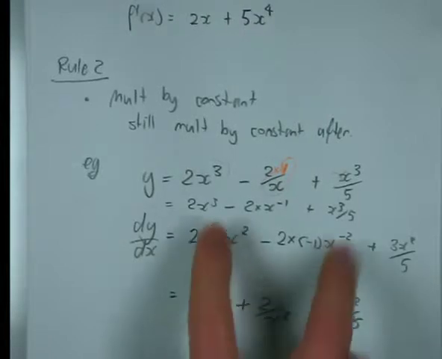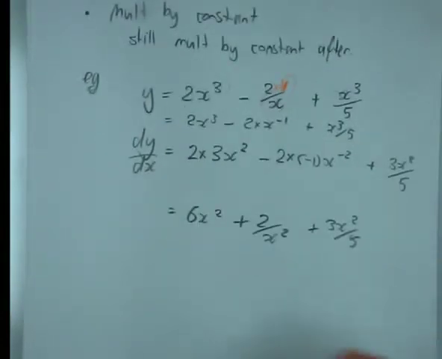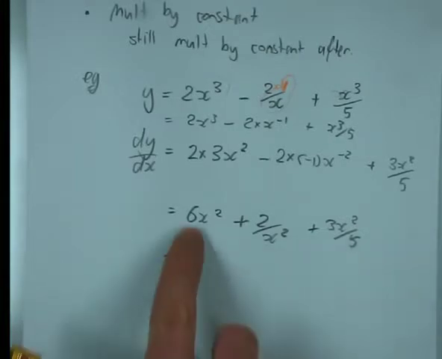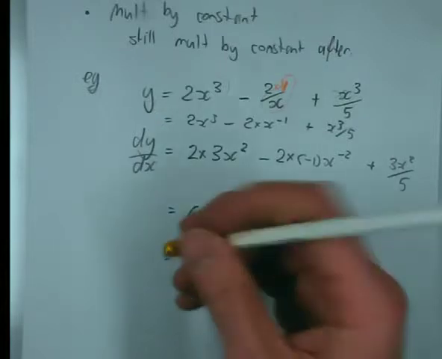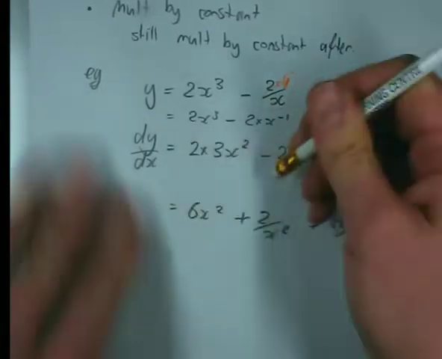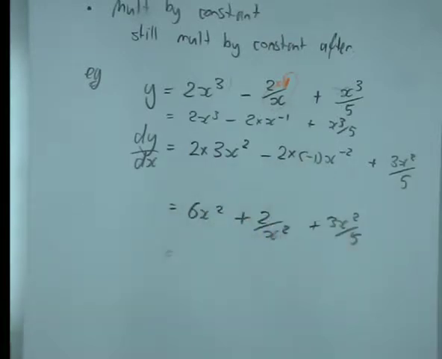I mean, technically I probably should have combined them together into a single number to begin with, but it doesn't matter. If you were doing this in your exam, you would normally combine this 6 and this 3/5 together into one number. But I'm just going to leave it as it is for the moment. I don't think anyone will really care. And note that that -2 times that -1 became a +2.